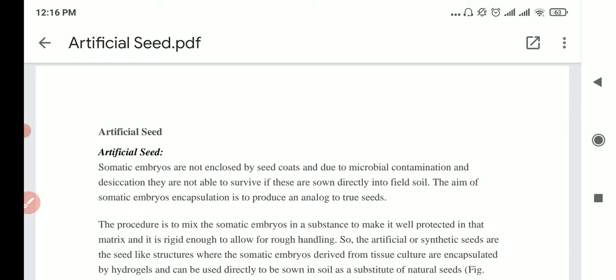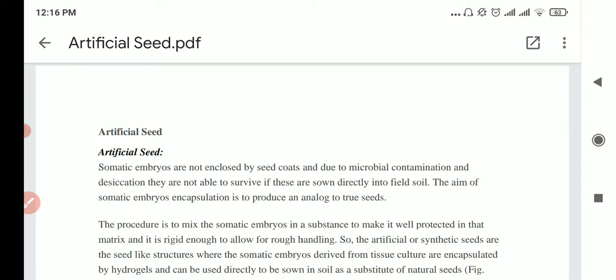So I think it's clear that when we say somatic embryo, it means any part of the plant. It could be the anther, the sepal, the petal, the stem, the branch, the leaf, a flower bud, or the root.